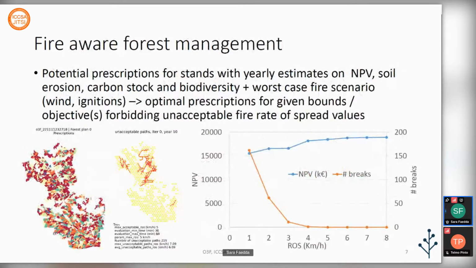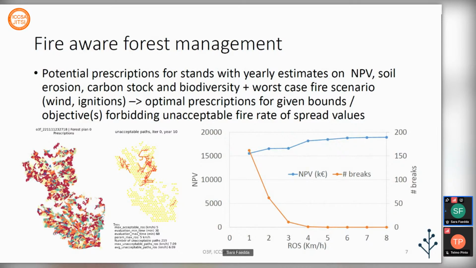The second optimization problem is related to forest management. In forest management problems, you have a landscape divided into compartments or stands, and we want to define a prescription, that is, what to do in each of the stands. For instance, whether to plant eucalyptus, or to plant eucalyptus at a given year, and so on.